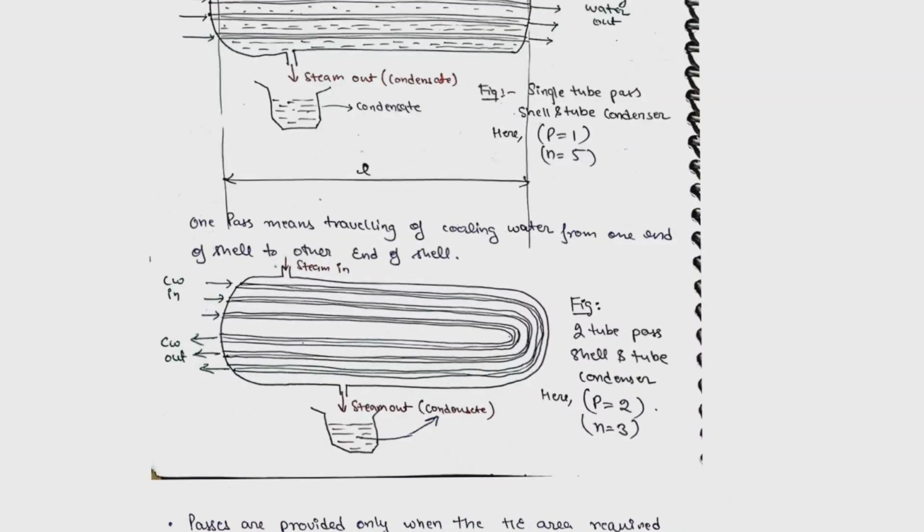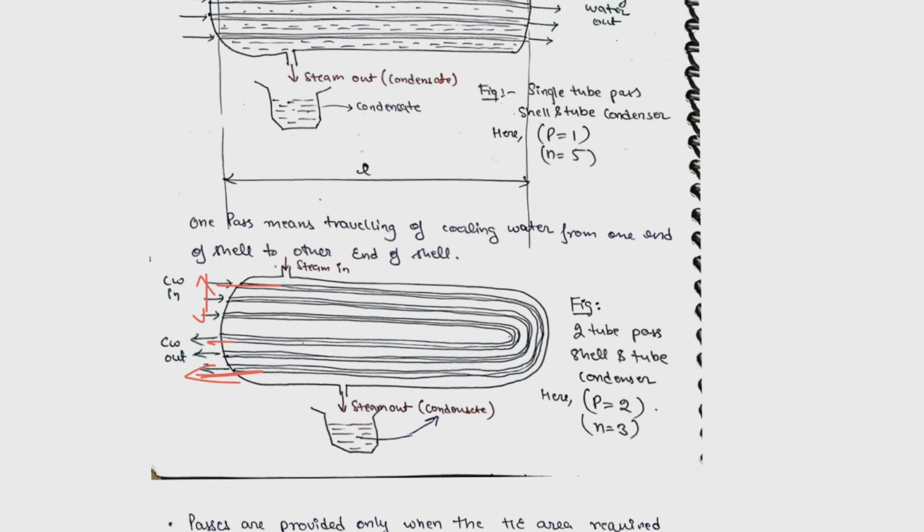Here a single tube whose inlet is here has an outlet here, therefore it has made 2 passes, its length is 2 times that of the heat exchanger, therefore the number of passes is 2, and the number of tubes here is 3 only, not 6.